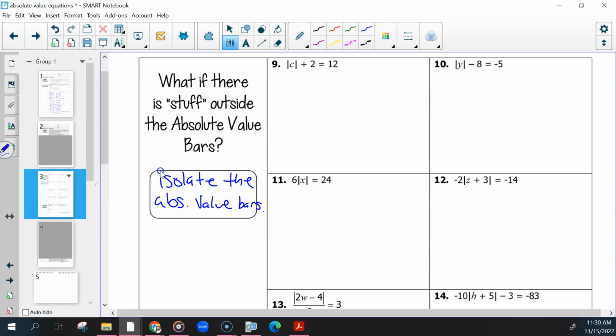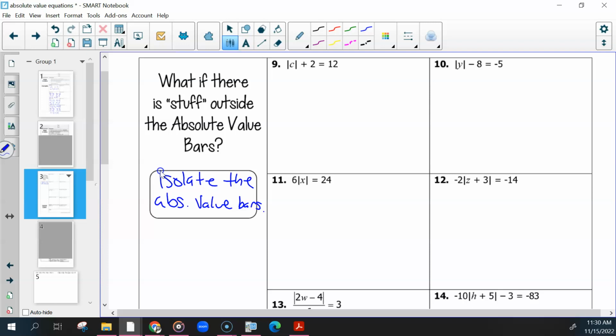So the same step that we've been saying all along, but now we're actually going to do it. So we're going to treat the absolute value bars and what's inside as like a variable. We need to get that by itself, everything else away from it, and then once everything else is away from it, then we'll deal with what's inside.